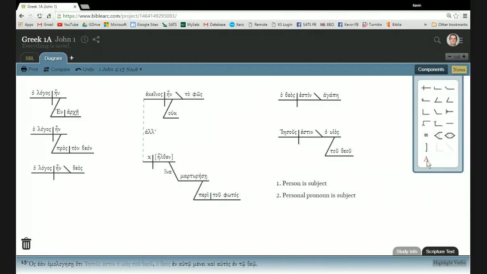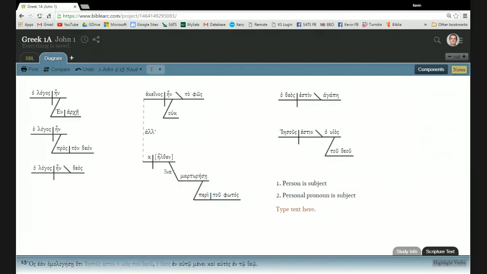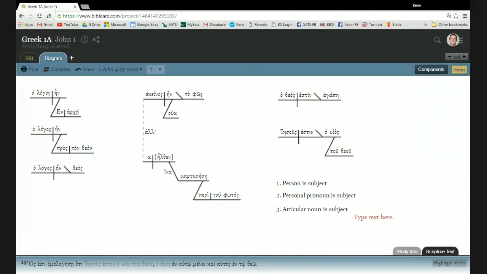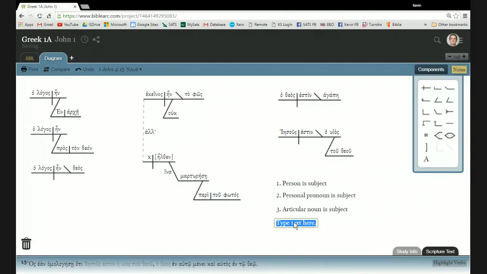If they are neither of those, then the noun with the article is the subject. And if none of those apply, then word order: the first noun is the subject.